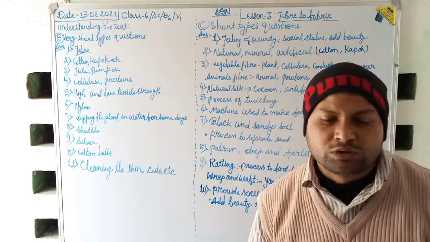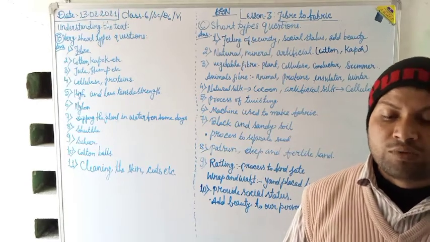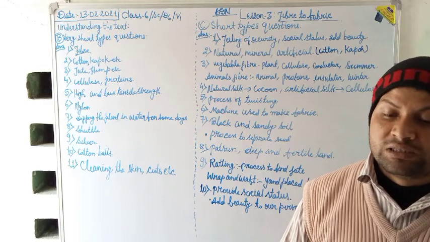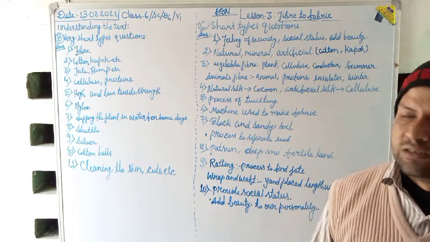Now question 7. It is asked what type of land is required for cultivation of cotton. Discuss the following terms: ginning and carding.